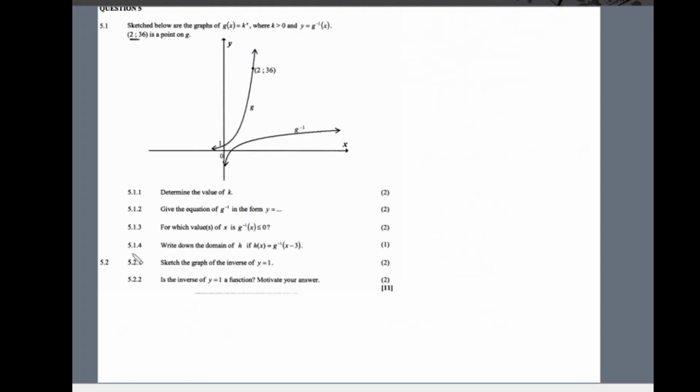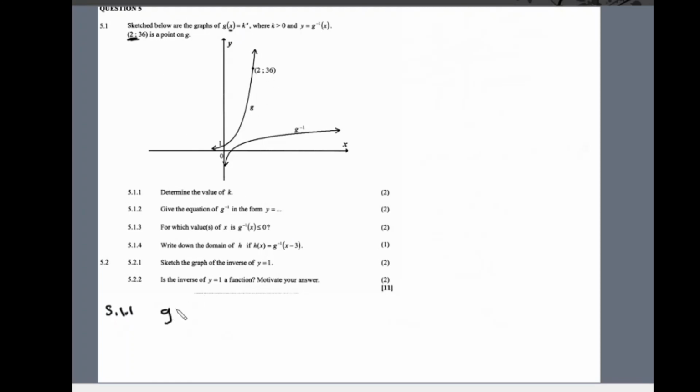Question 5.1.1, they want us to determine the value of k, right? That should be easy. To determine the value of k, you can pick this point and substitute in your function of g, right?